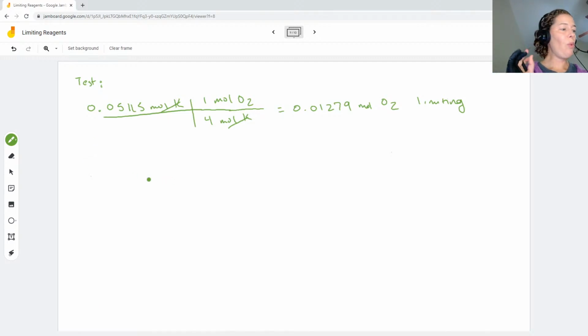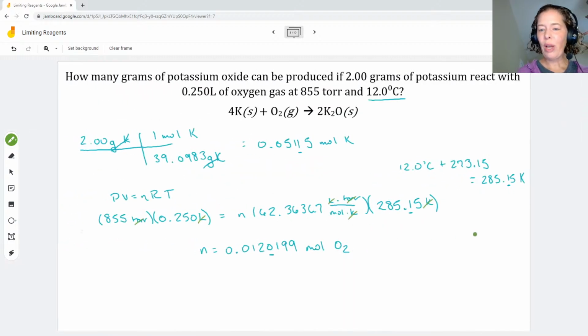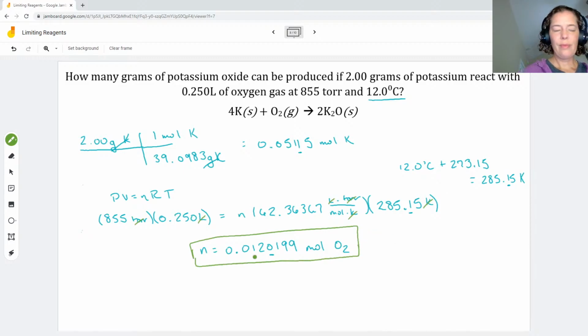All right. So what I'm going to do at this point is go ahead and jump straight to my stoichiometry. So starting with my moles of oxygen, I was like, where are they? Okay.